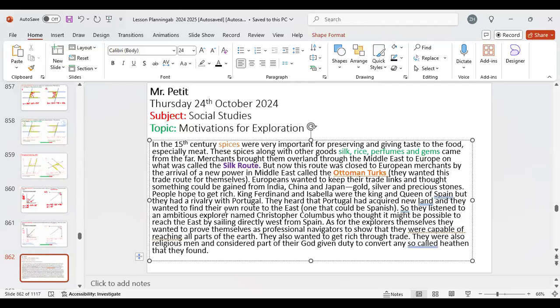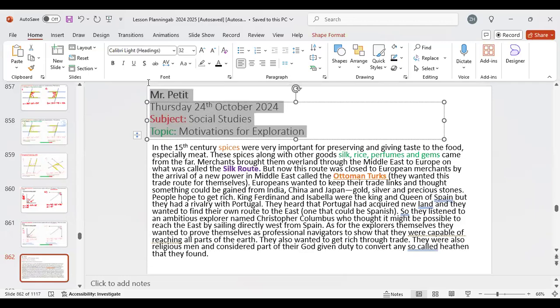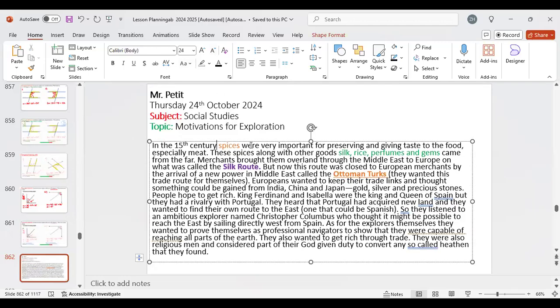And so those were their motivations for exploration. And we know what was the result of that.